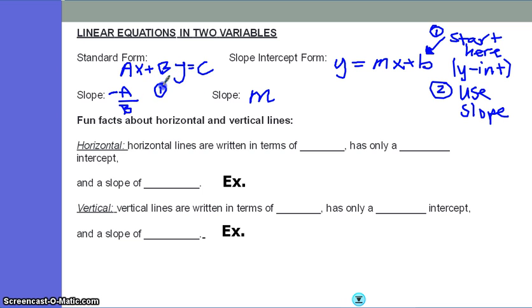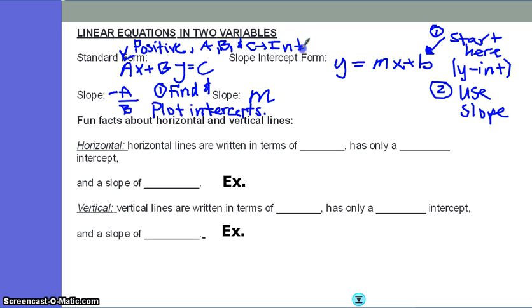So we need to find and plot intercepts. A couple things I also want you to notate about standard form. A has to be positive, and A, B, and C have to be integers.